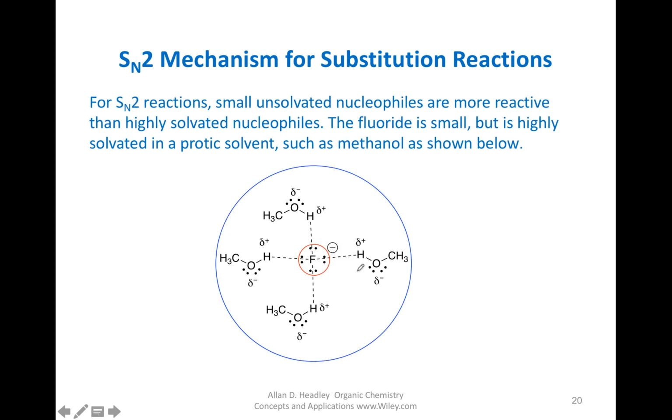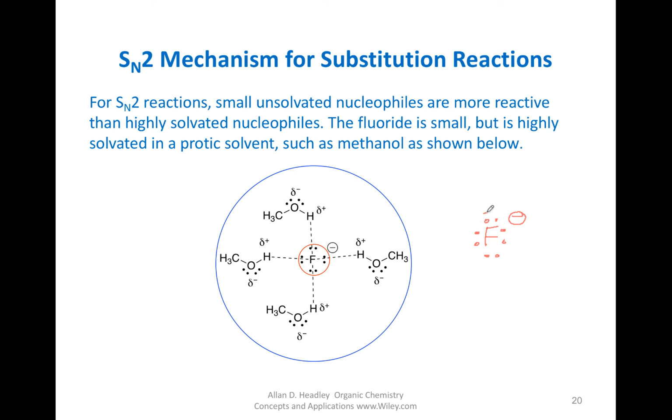Let's look at another concept here regarding the nucleophile. So here is a nucleophile, F minus. So let's put in the electrons. So if you look at the periodic table, you can see that F minus is to the right, is very electronegative, which means that it's very small, which implies that it should be a very good nucleophile.